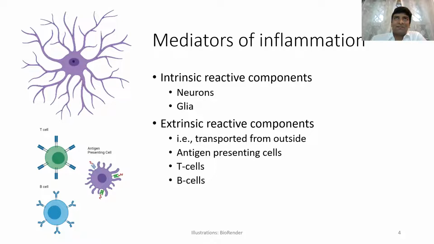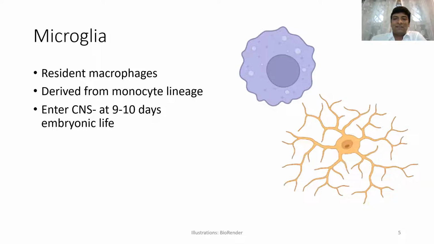As you can imagine, this gives a potential scenario where inflammation can occur in a wide variety of disorders. Anything that can possibly injure or irritate the brain can result in an inflammatory response. The microglia are one of the chief mediators of these responses. These are resident macrophages which remain in the CNS. They enter the CNS in early embryonic life at around 9 to 10 days and persist there.